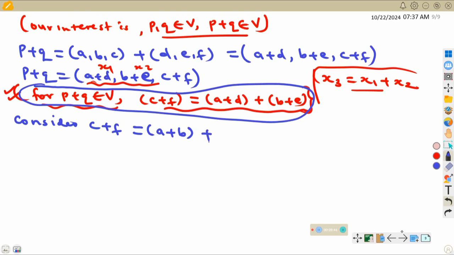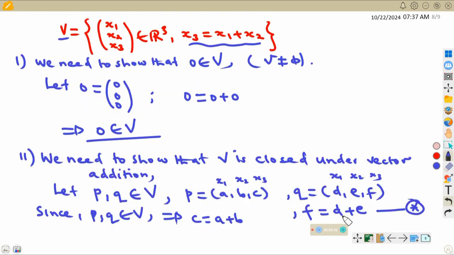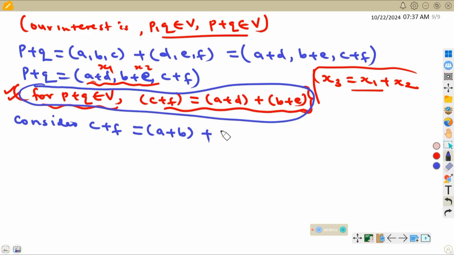So what is C? C is the same as A plus B. What about F? F is D plus E. This is from star.